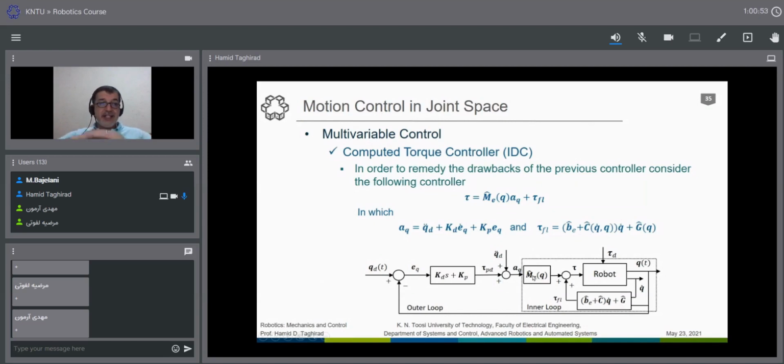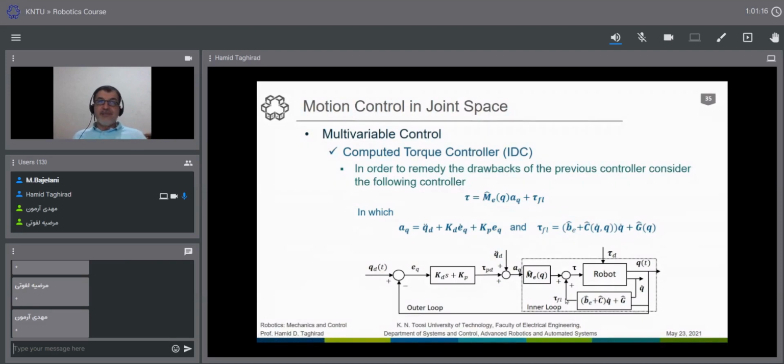Of course, this has some evolution. I'm just giving the final version, which is the most important one, of the computed torque. We call it tau feedback linearization, or the computed torque here. I use different names. They're all equal to each other.